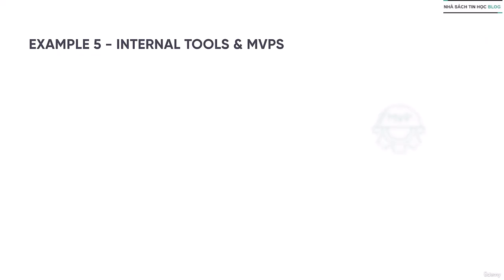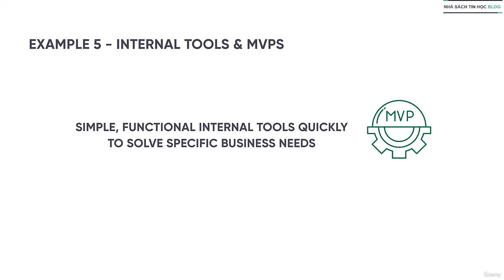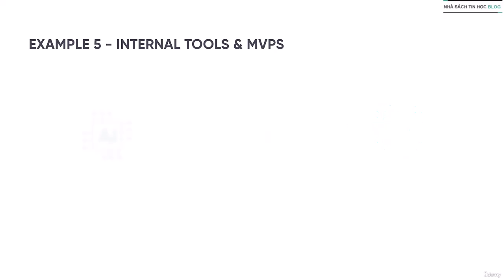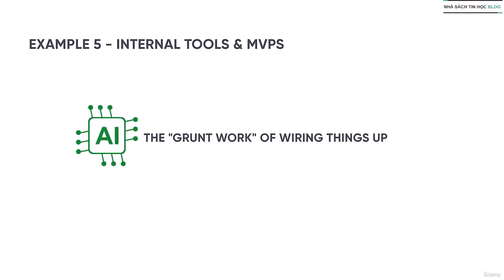Now, another example, internal tools and MVPs. This is again a very important one. Teams often need to build simple functional internal tools quickly to solve specific business needs, or maybe if they want to demo an MVP to a client. So the AI handles all the grunt work of wiring things up.